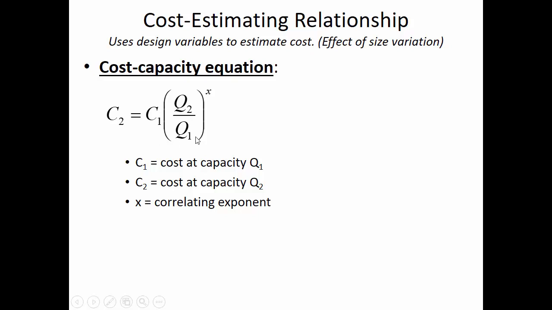Q1 is the size of that item, or how many there are. What we're trying to do is say how much item number 2 is going to cost based on the known data we have for item number 1. Item number 2 is a different size, or there's a different number involved. So we have the ratio of the size multiplied by the cost of the known item.